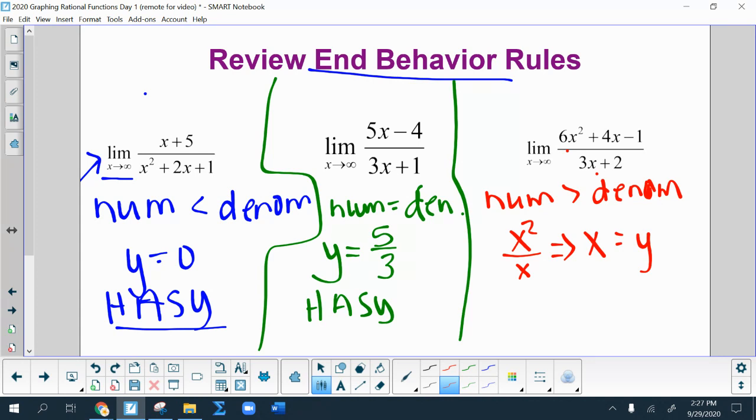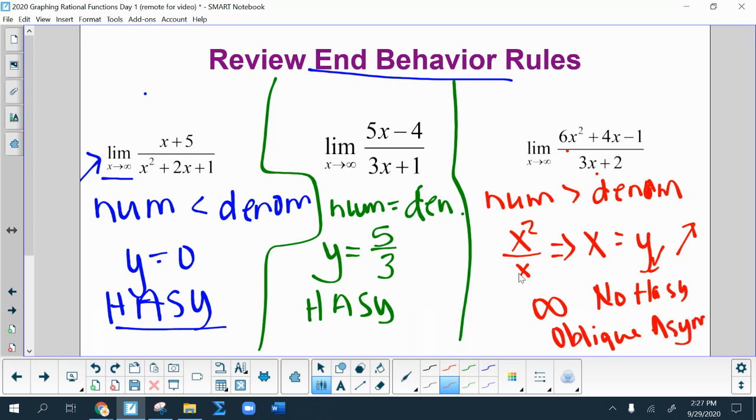And we know that y equals x is up on the right and down on the left. So this limit is infinity. There is actually no horizontal asymptote, and it creates what you will be learning about tomorrow, which is an oblique asymptote. Okay, so no horizontal creates an oblique asymptote that we will talk about tomorrow.